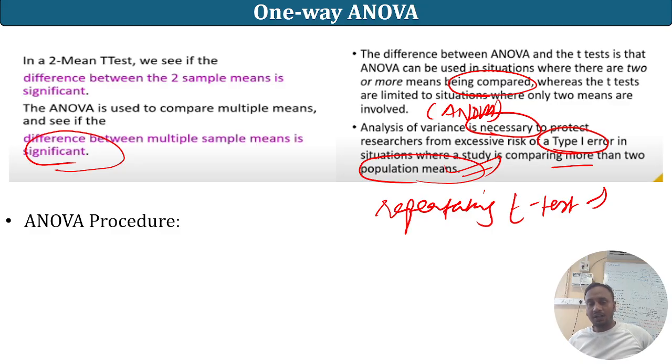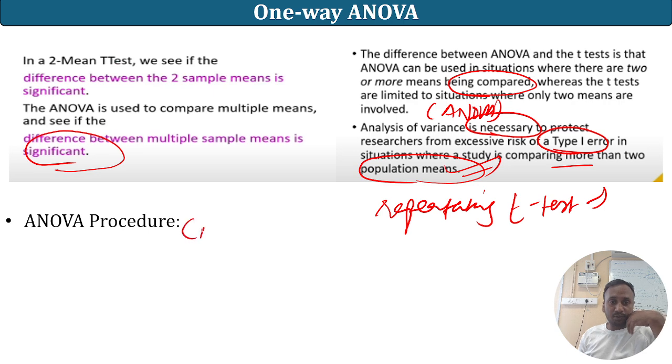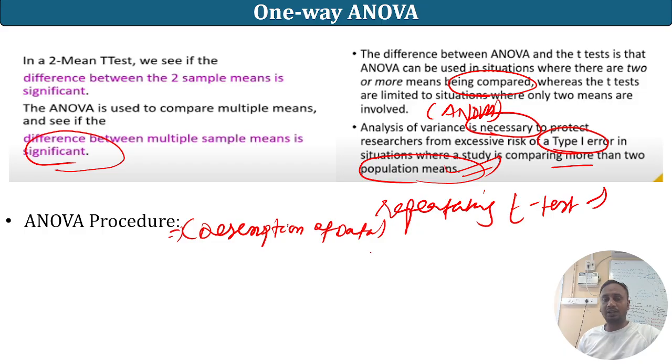What is the procedure? The procedure is always the same. First we check the description of the data: whether it is normally distributed, whether it is randomly sampled, and we read the assumptions.